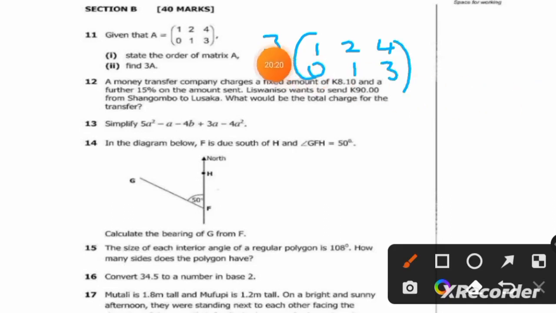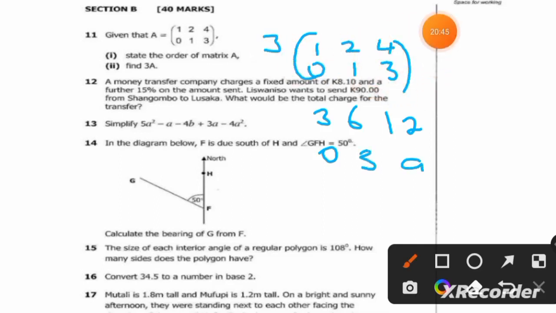Okay, so we are going to say 3 times 1 is equal to 3. 3 times 2 is equal to 6. 3 times 4 is equal to 12. 3 times 0 is equal to 0. 3 times 1 is equal to 3. 3 times 3 is equal to 9.